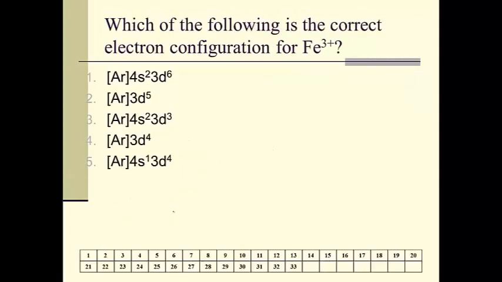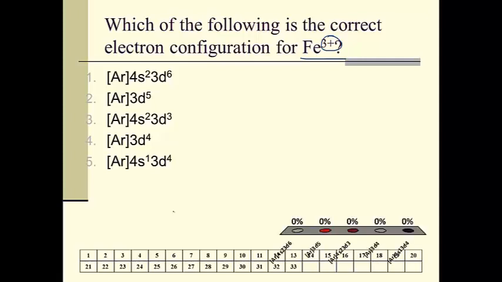Which of these is the correct configuration for Fe3+, the ferric ion? Pause it, figure out the configuration for iron first, and then +3 means remove 3 electrons from it. The correct configuration is this one right here.